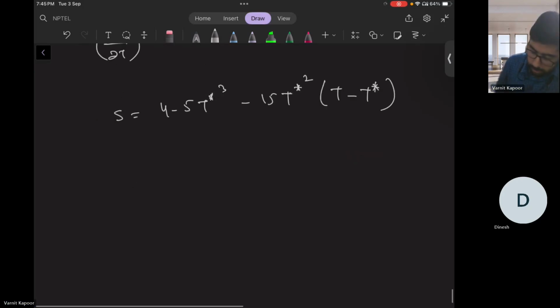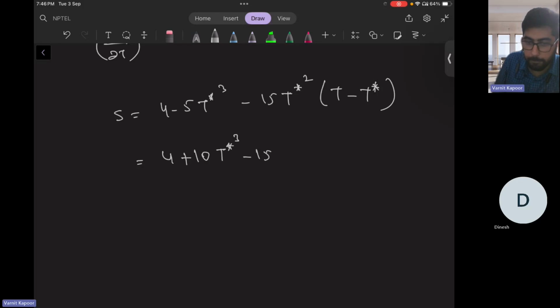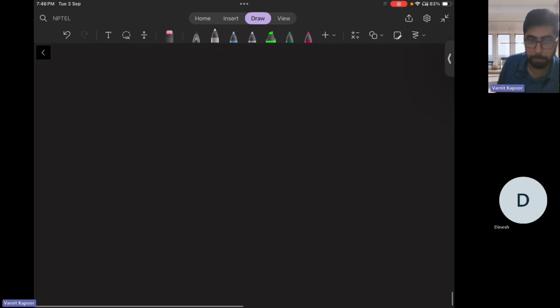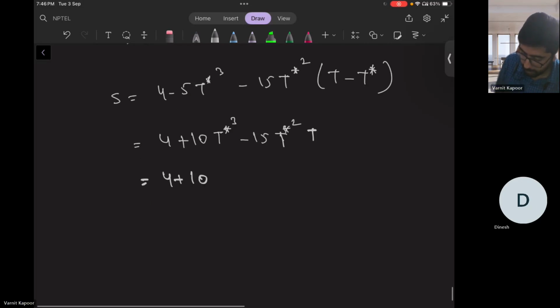So this is your equation. It will be 4 plus 10 T star cube minus 15 T star square into T. I just expanded this expression and solved it, and I got this value for a point P. So this is 4 plus 10 TP star cube minus 15 TP star square into TP.